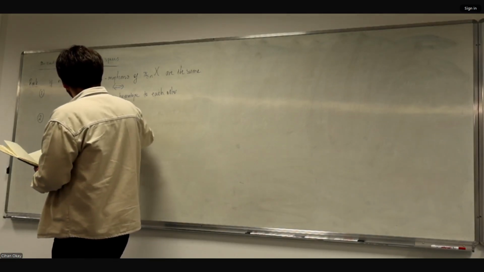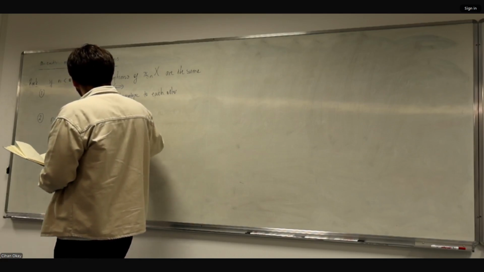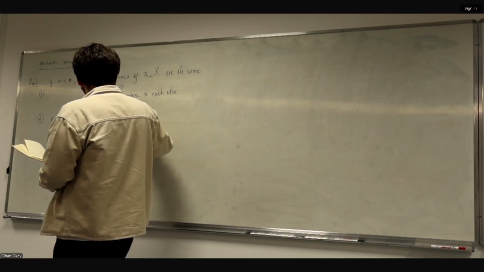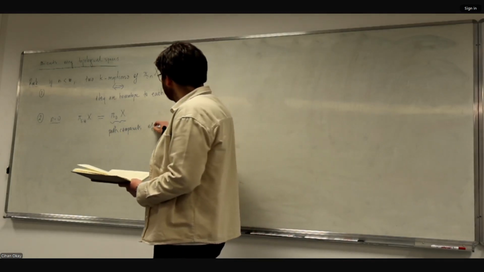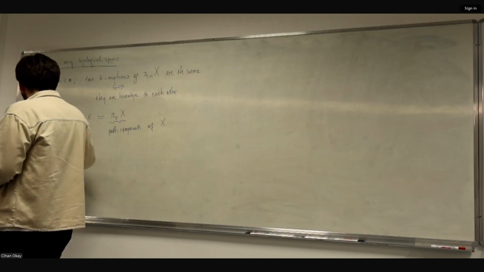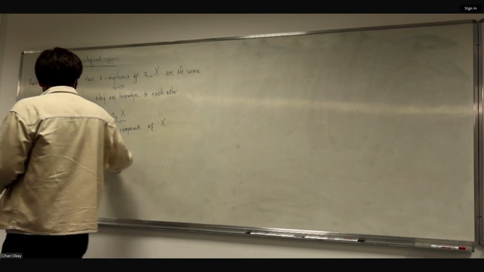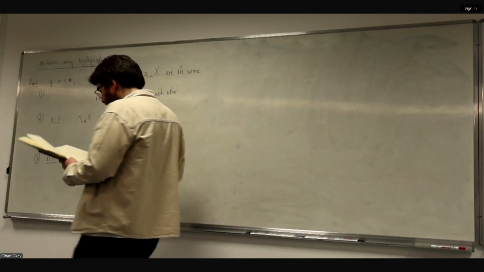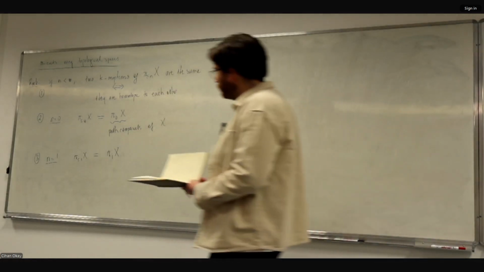This turns out to be the usual path components of x. And as you may guess, when n is 1, you recover the fundamental group pi 1 of x.